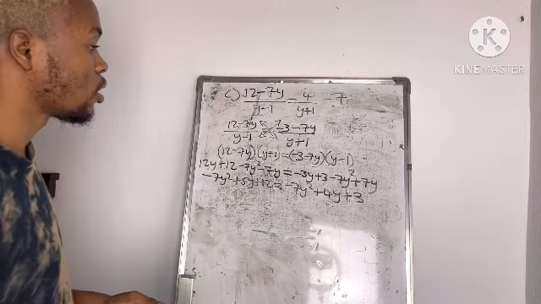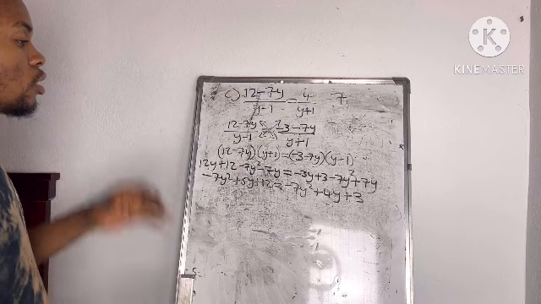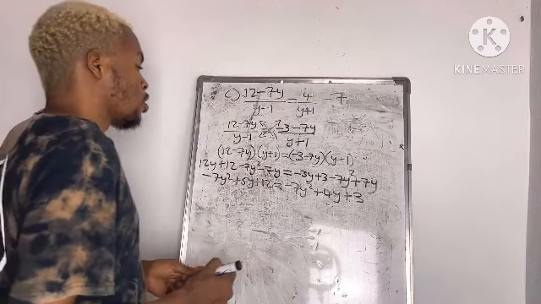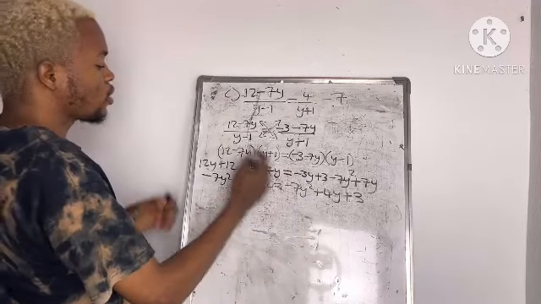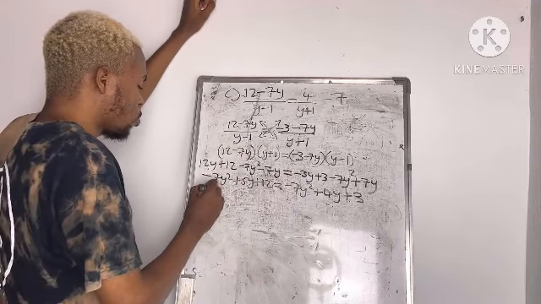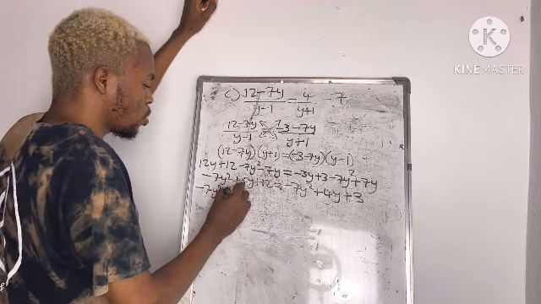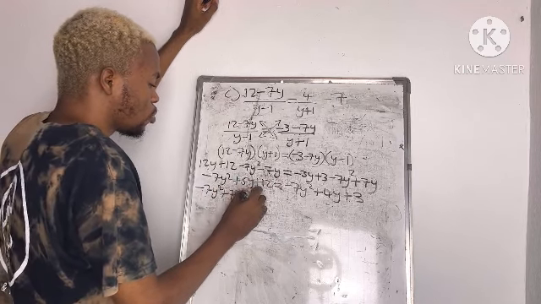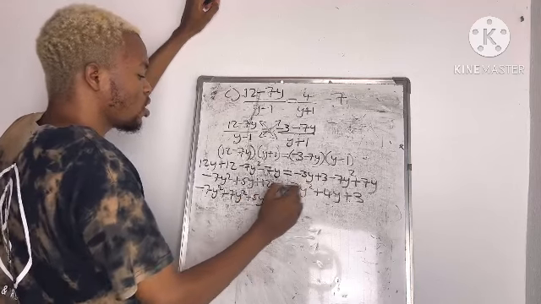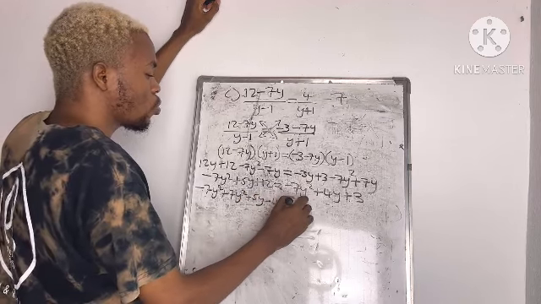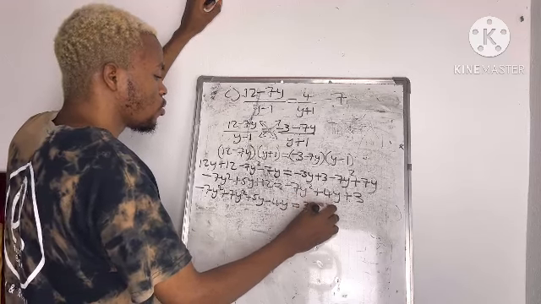Now the next thing we should do is you bring the y squared this way, you have minus 7y squared plus 7y squared plus 5y. You bring the 4y this way, so you have minus 4y equal to 3 minus 12.